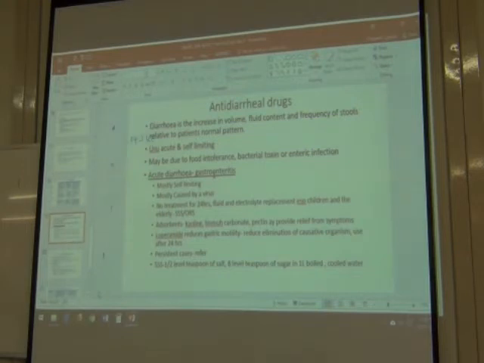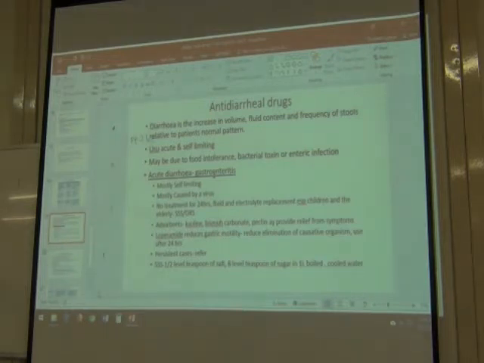If it's acute, it's usually self-limiting, as in you don't have to use any medication. It can stop by itself. But when a patient has diarrhea, the thing to know is that it's a loss of body fluid and electrolytes. So it's not just about drinking water.